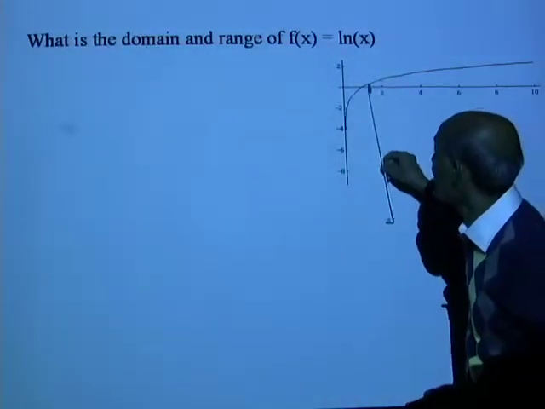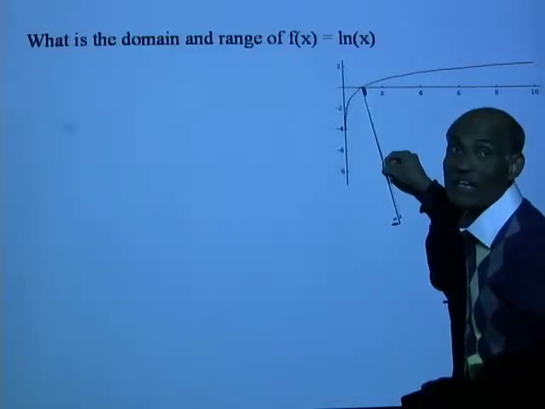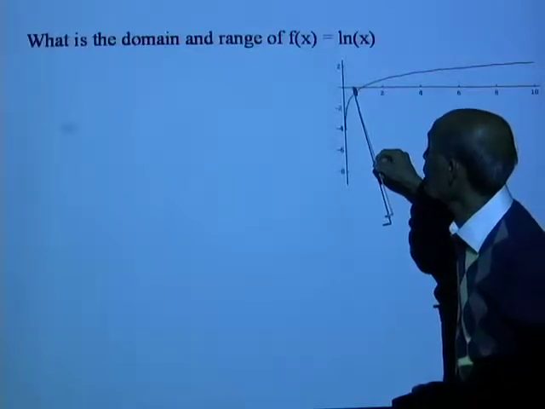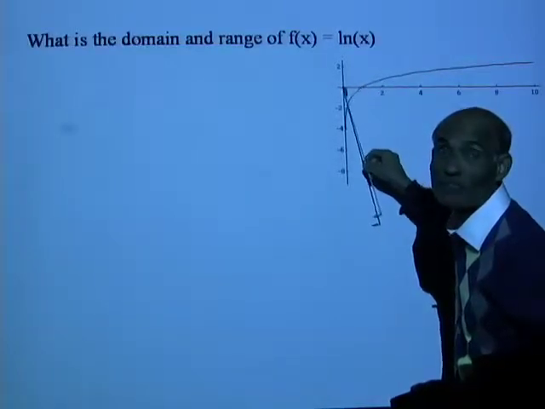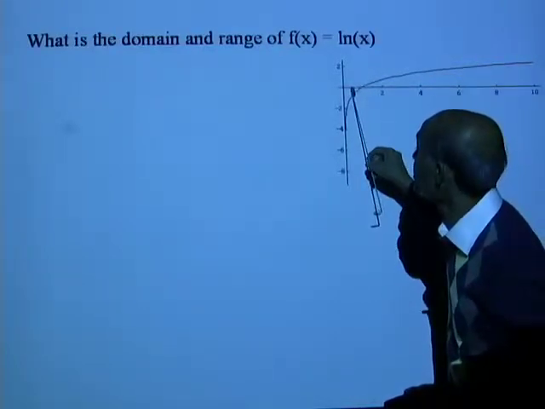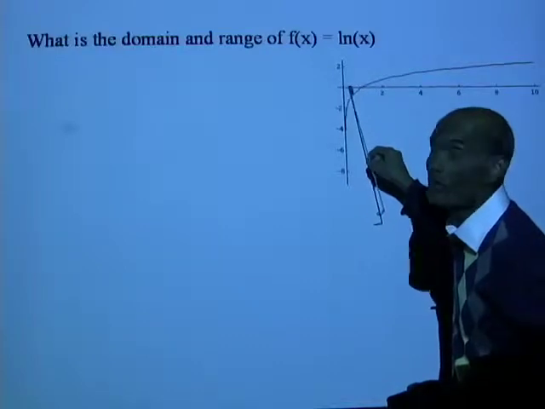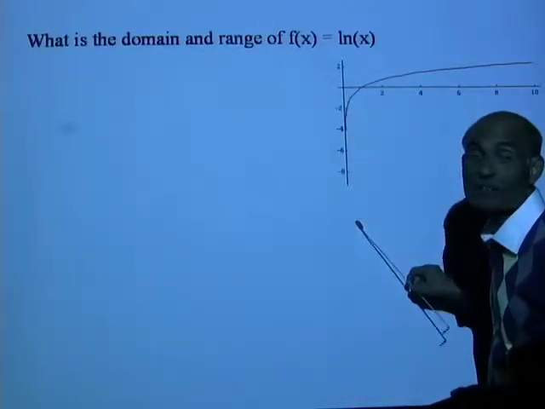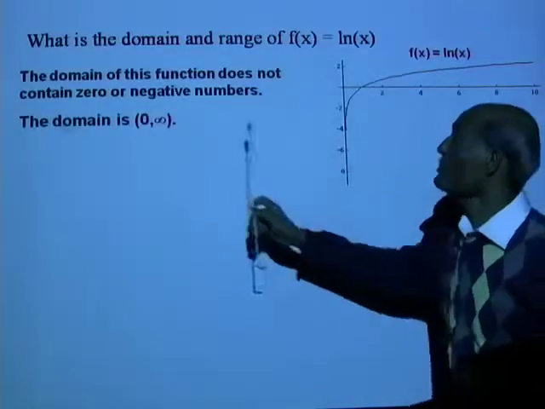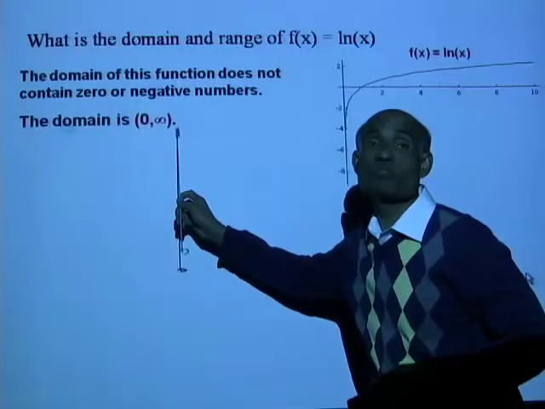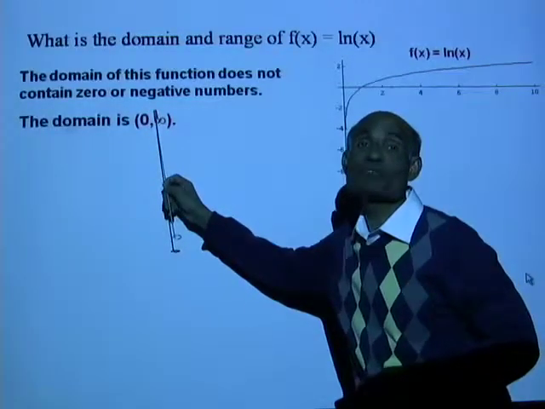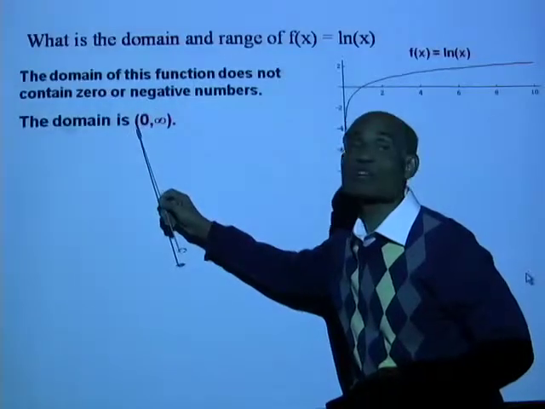Notice that ln of 1 is 0, and as x gets closer and closer to 0 from the right, the output goes to negative infinity. That means the domain is only numbers from 0 to infinity, 0 not included, because ln of 0 is undefined. Look at the parenthesis there.